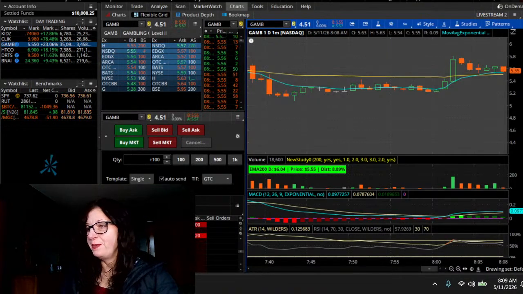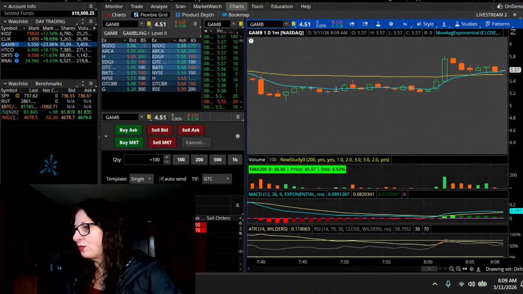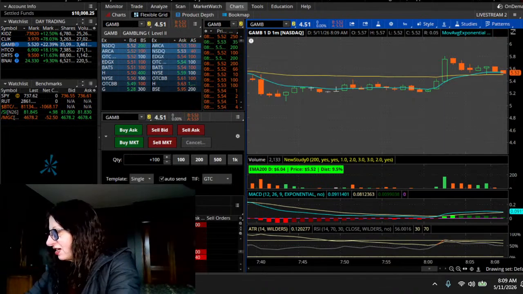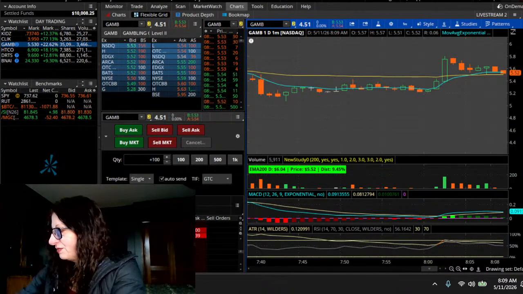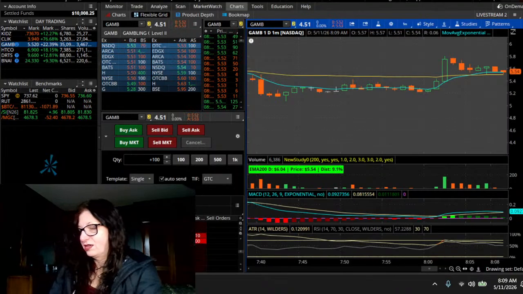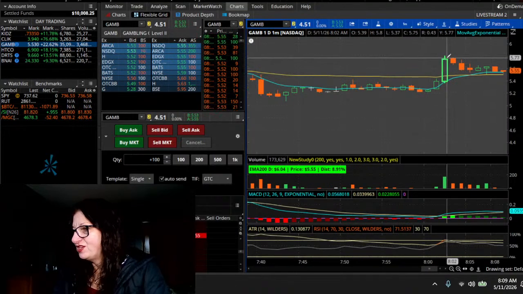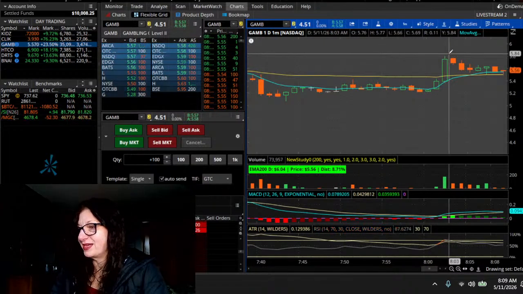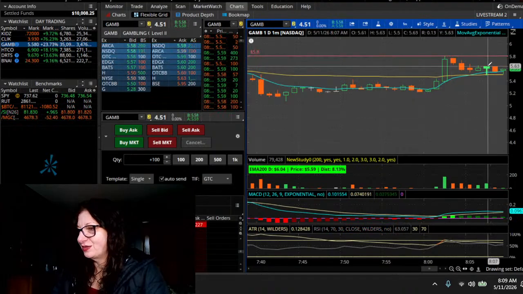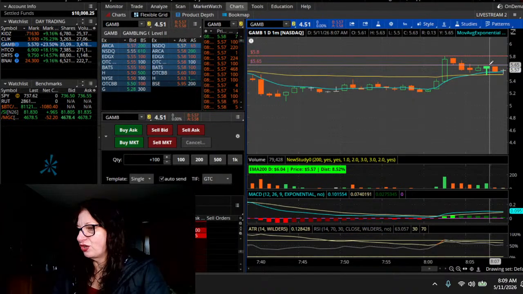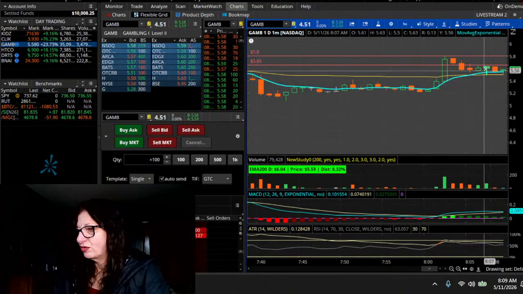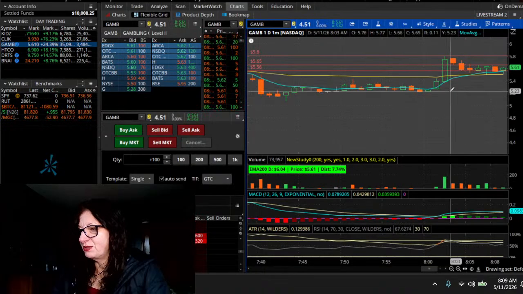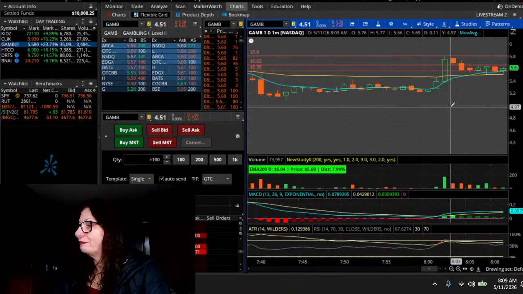All right, GAMB popped up above VWAP. It did make a pullback, but I was taking a break, so I missed it. There's that patience thing that someone mentioned earlier. Whoops, it's my alarm to make sure I come back to my desk on time. So this was a potential pullback, but it didn't break out.